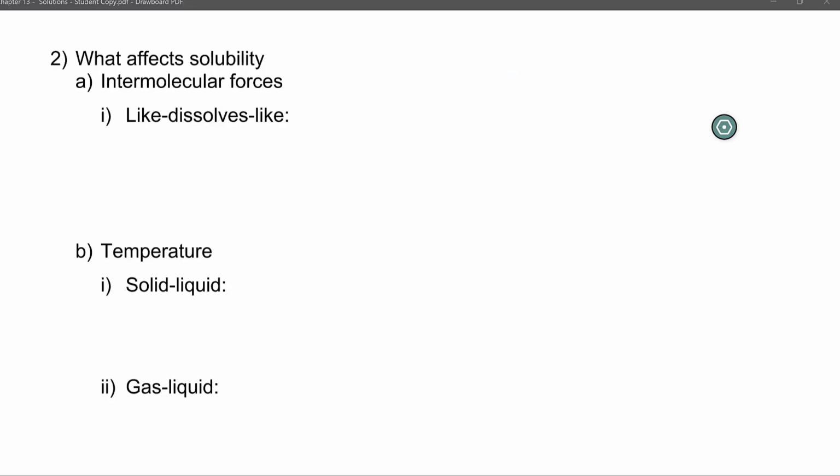So real briefly, I want to talk about some of the things that affect a substance's ability to form a solution with another substance. Okay, so the first thing that comes to mind as a chemist is intermolecular forces. So remember, there are different kinds of intermolecular forces, but there are ion intermolecular forces, so we call them ionic forces.